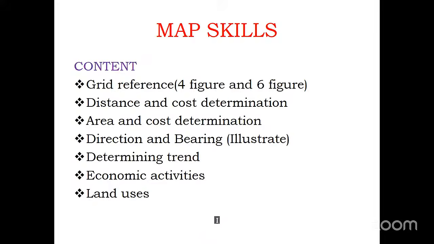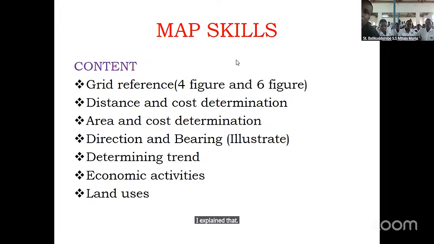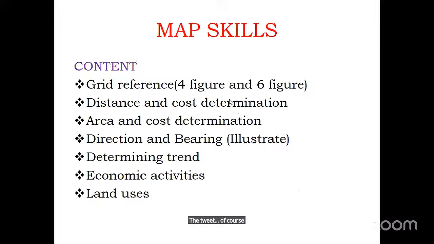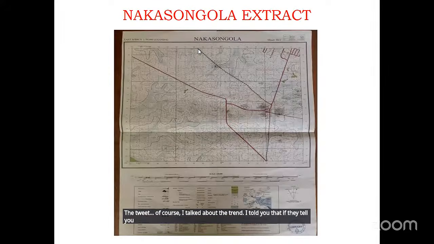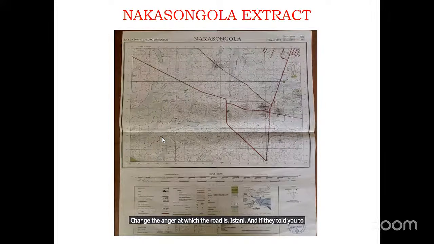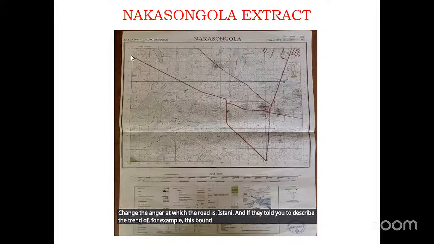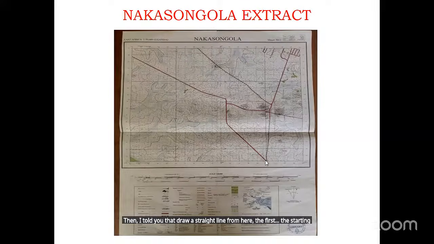I explained that. There is also another question that we came across. What if they ask you about the trend of the road on the map? Of course, I talked about the trend. I told you that trend means change, the angle at which the road is turning. If they tell you to describe the trend of, for example, this bound surface road from here up to here, then draw a straight line from the starting point up to the second point here.